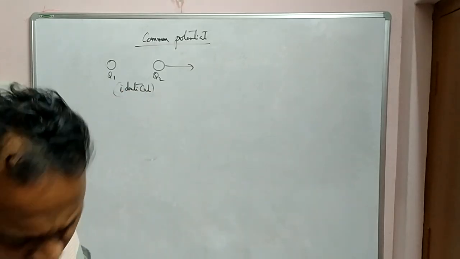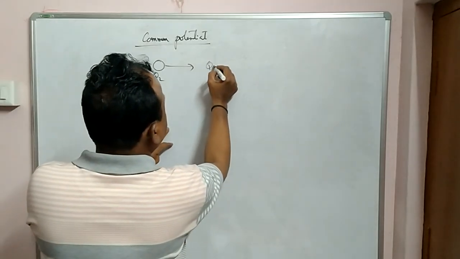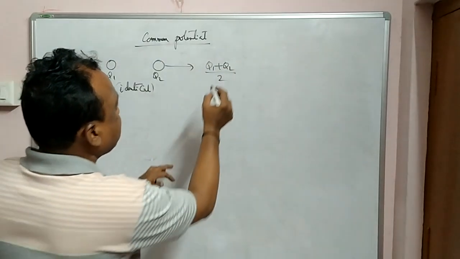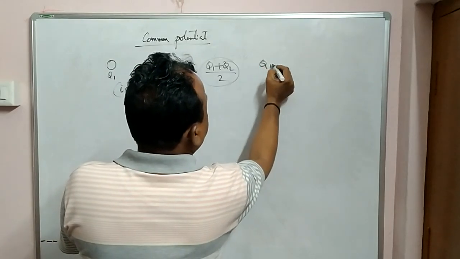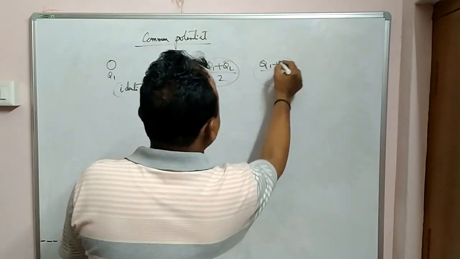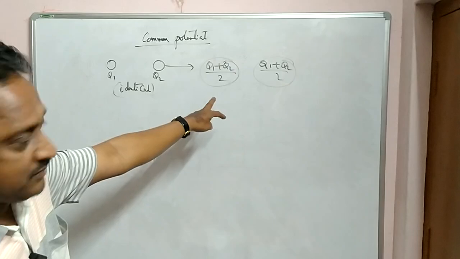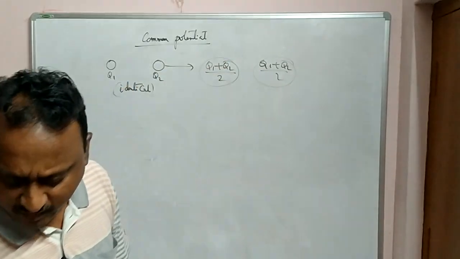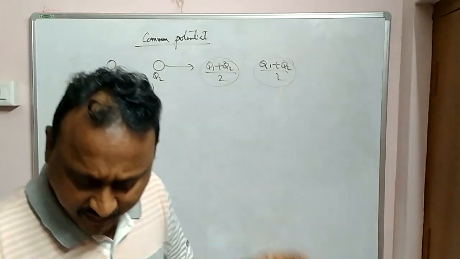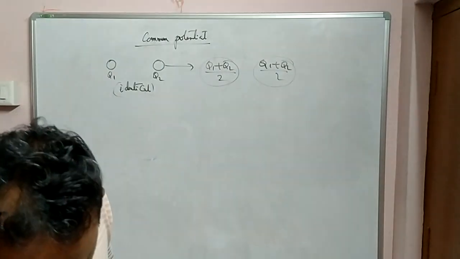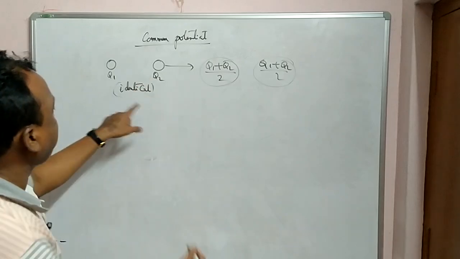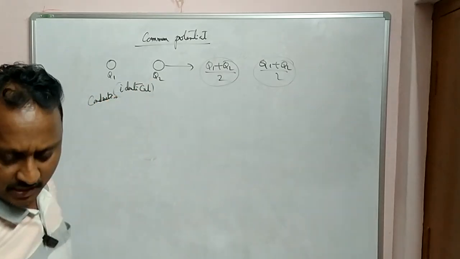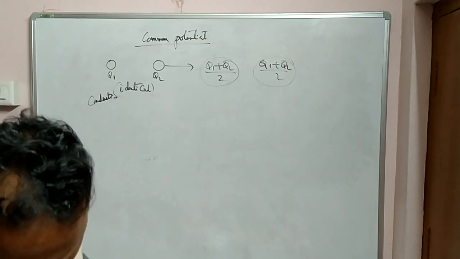So both are coming in contact. What happens, Q1 plus Q2 by 2 charge, in the same way Q1 plus Q2 by 2, so charge will become half. When both are coming in contact, common potential, and here conductors are identical and same.